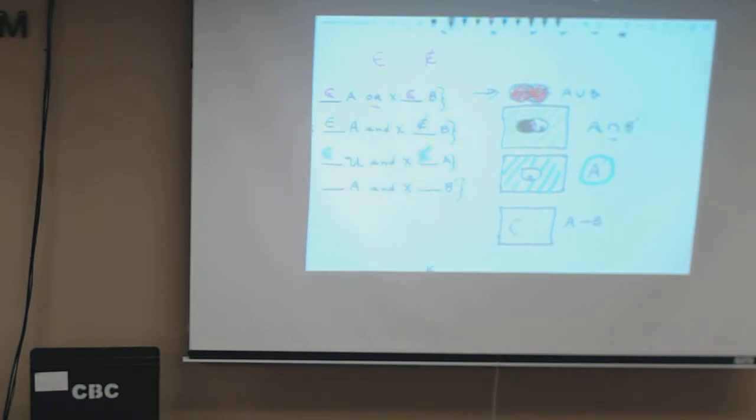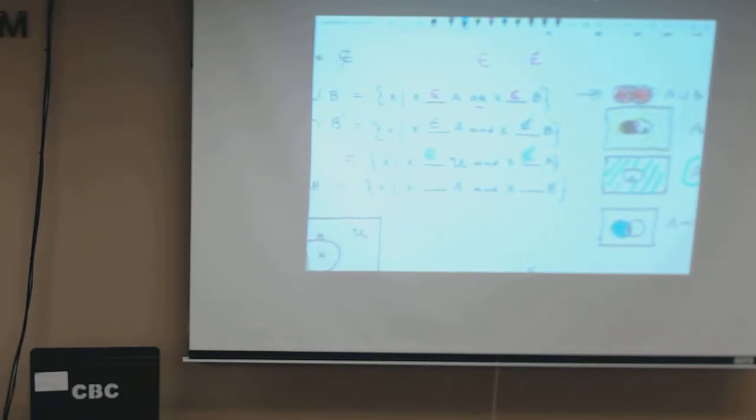Here's A, here's B. What that means is I subtract all of this from A. So what am I left with for the blue? There it is. I'm left with all of this out here. Everybody see that? That's A minus B.